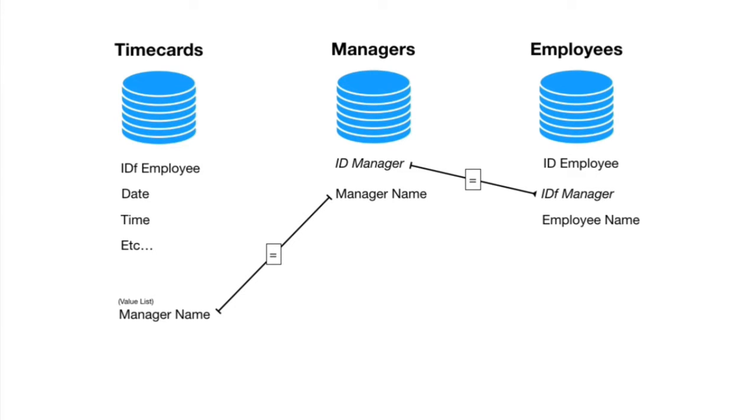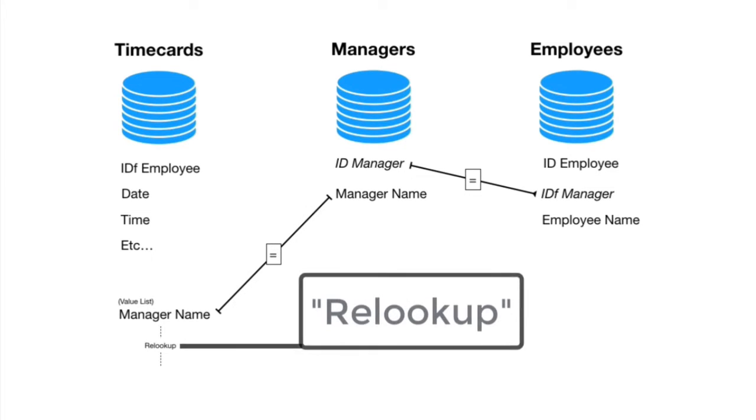Then, because I have a link with the manager name, from the manager I get, from a lookup, the ID, the foreign key of the manager, into the timecards. But that is the manager that I have selected.